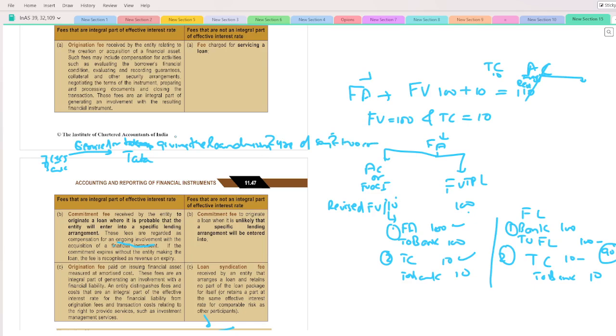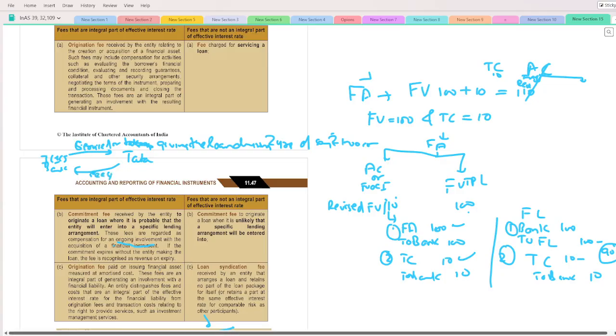So this Tata Limited can take the loan of 1,000 crore at any time during 2 years. That commitment ICICI Bank is giving to Tata. For this commitment service, Tata will be giving the fees, and ICICI Bank will be charging the fees for it.